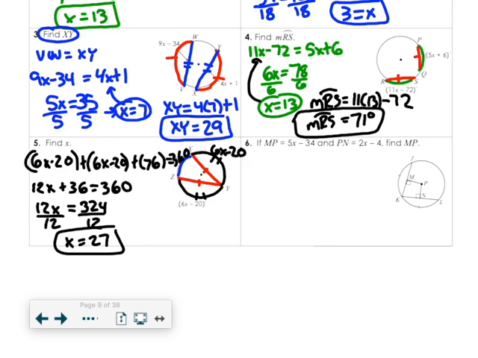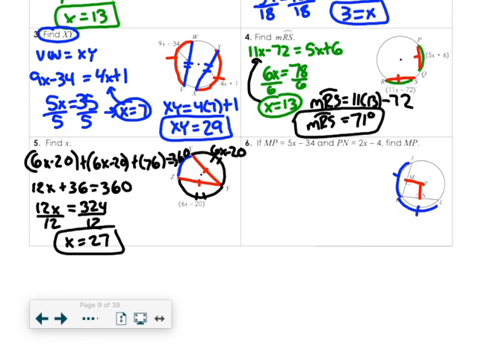Number 6 says if MP, so MP is right here, that's the distance from the chord to the center, is 5x minus 34, and PN is 2x minus 4, find MP. So we know that these arcs are congruent, because they gave us that.